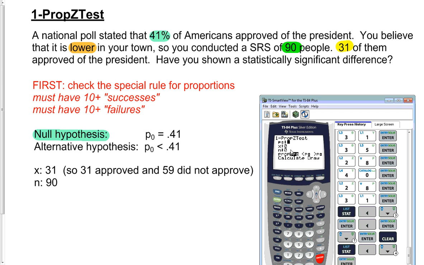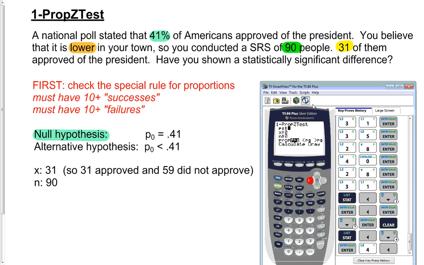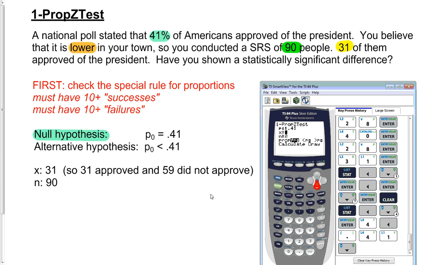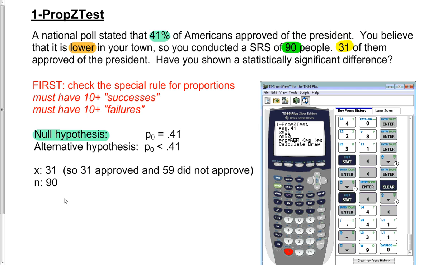We go to our one prop z test. Our p0 we said is equal to 0.41, so we type in our 0.41. And then we go down. Our x is the number of people who said yes or approved. 31. Our n is the total number, which we said was 90 people that we talked to in our sample.